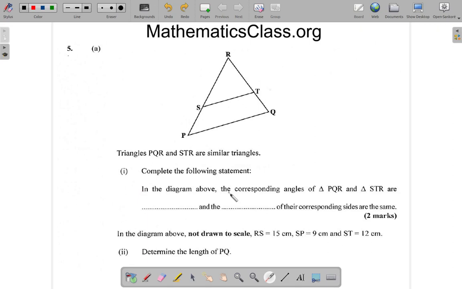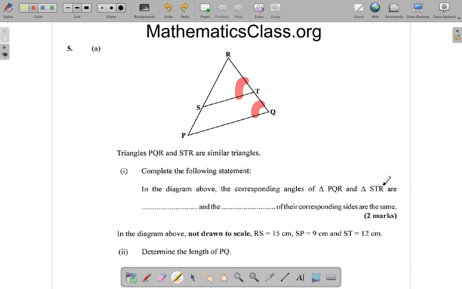In the diagram above, the corresponding angles, angle PQR and angle STR, are, what would you say? And the of their corresponding sides are the same.